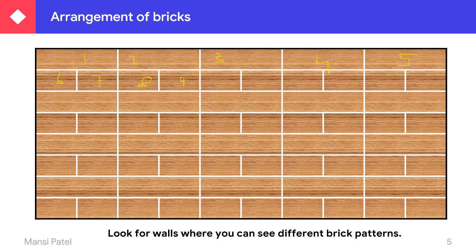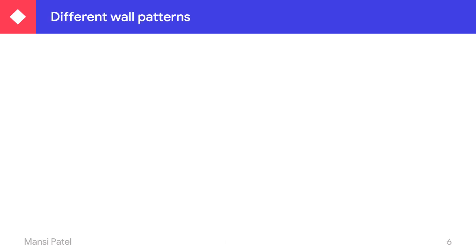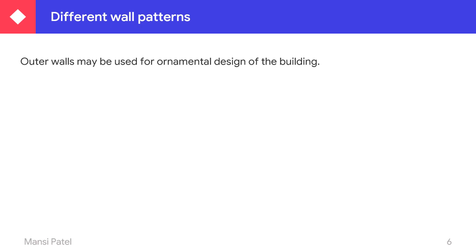Look for the walls where you can see the different brick patterns. Let us see different wall patterns. Also we can say different brick patterns. Outer walls may be used for the ornamental design of the building.